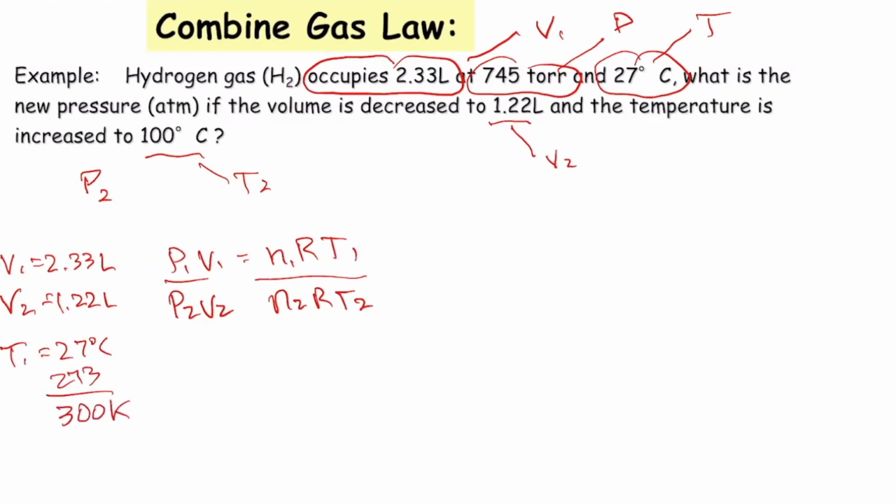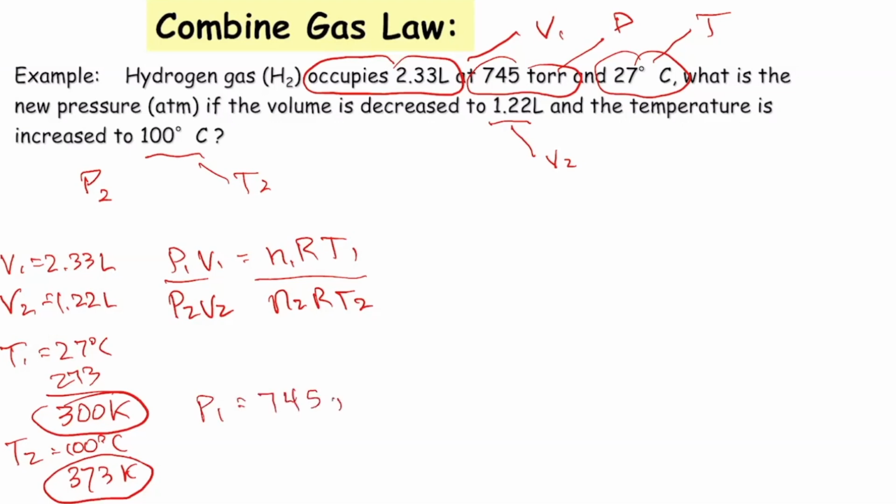Temperature 2 is 100 degrees Celsius, that's 373 Kelvin. Always, always, always convert your temperature to Kelvin, no matter what. Your pressure 1 equals 745 torr, and pressure 2 is what you are going to be solving.